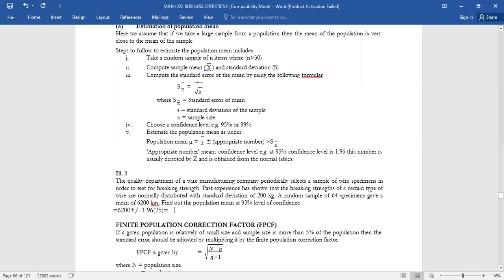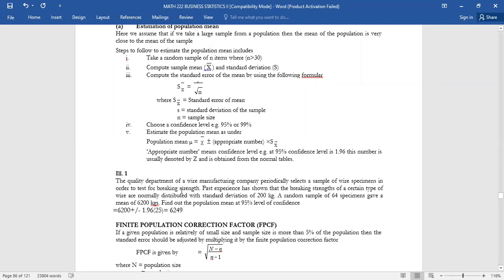What do you get? For the plus, it is 62.49. For the minus, 61.51.